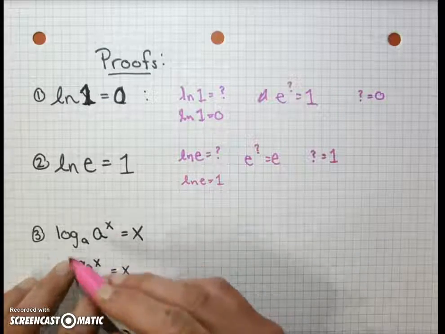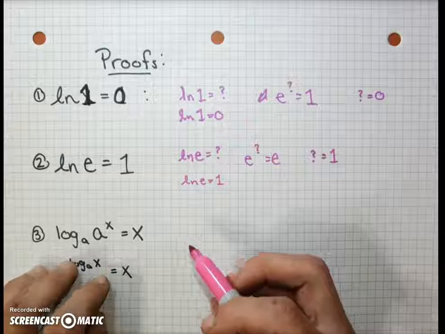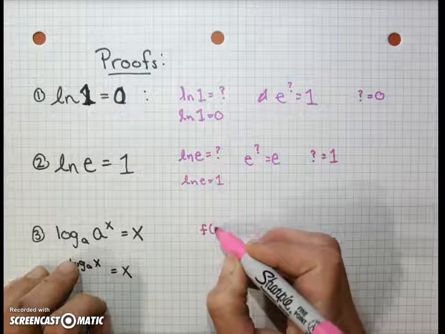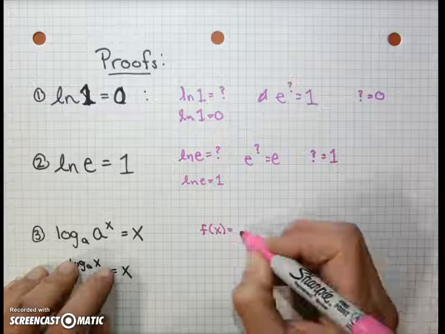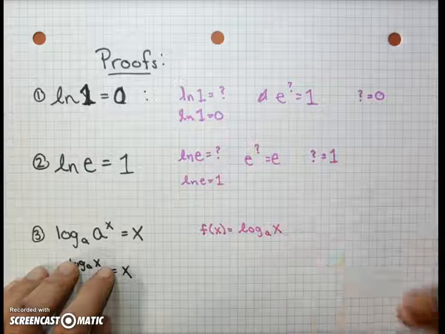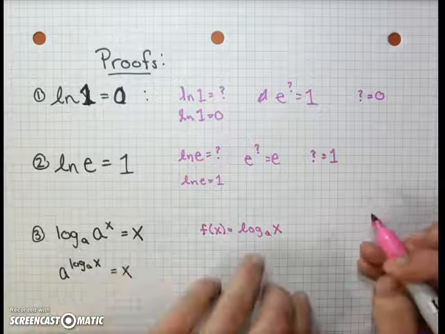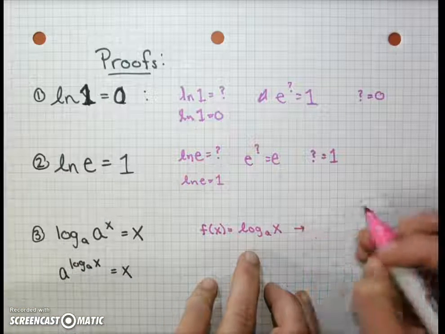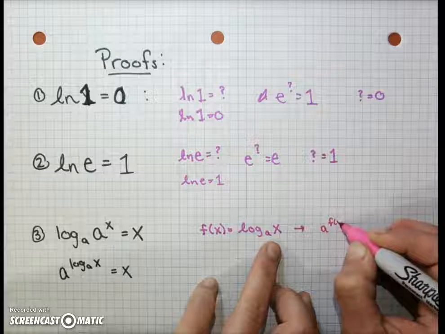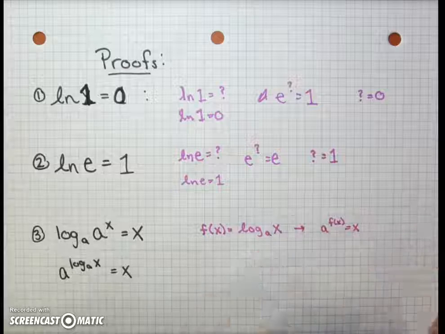Now, if I look at this property, we sort of already explained this, but let's go through it more carefully. So if I let f of x be the function log base a of x, then this is saying that a to the f of x equals x.